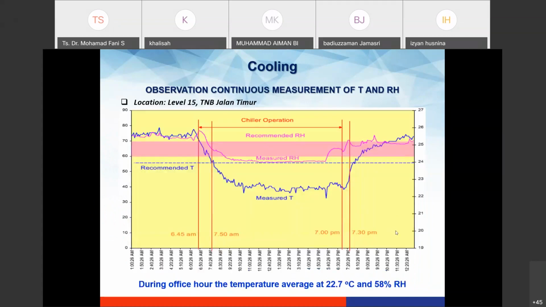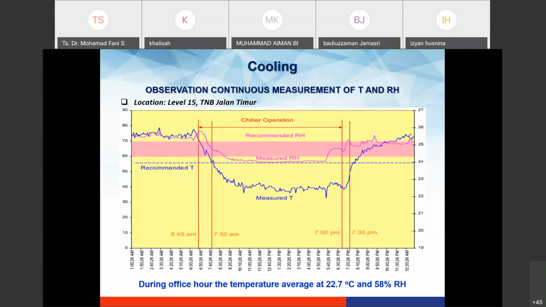Okay, this one is the logger. When we have a humidity logger or temperature logger from the building management system or control system, we can have something like this.